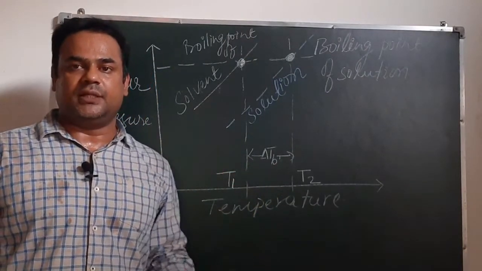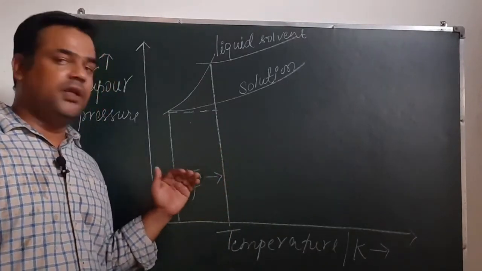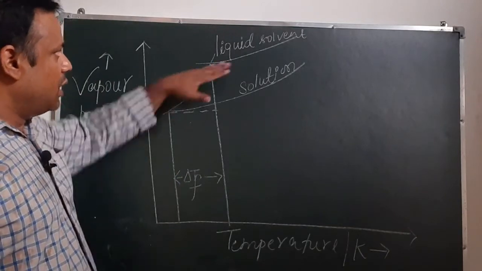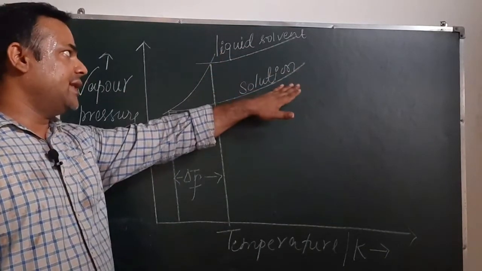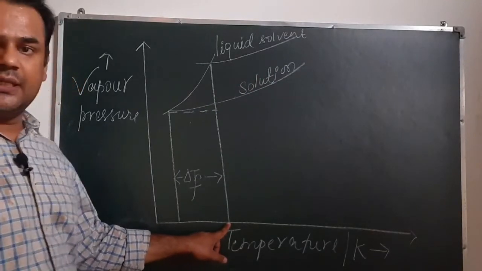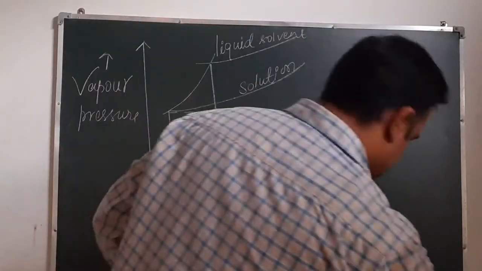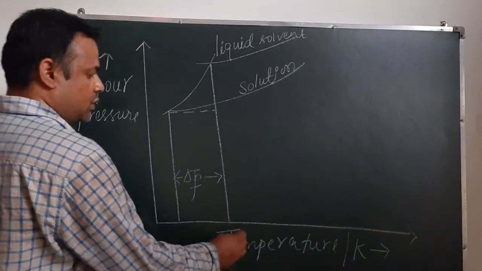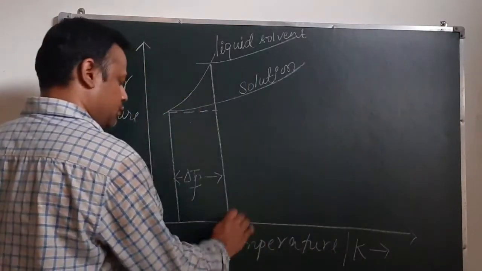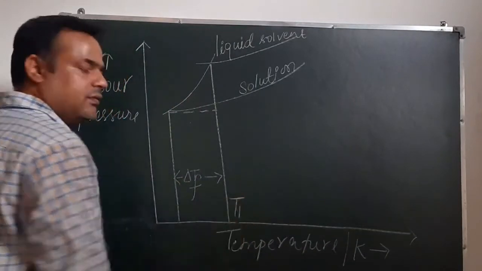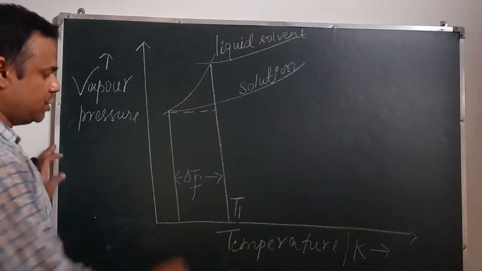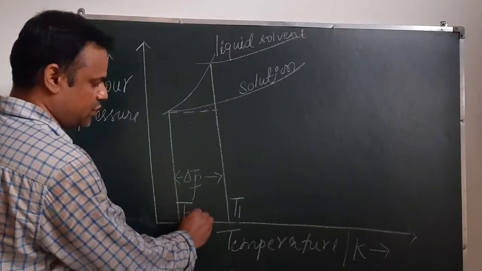This one is the graph for depression in freezing point. So if we see depression in freezing point, this is liquid solvent and this one is solution. Suppose this T1 is freezing point of pure solvent, and this T2 is freezing point of solution.